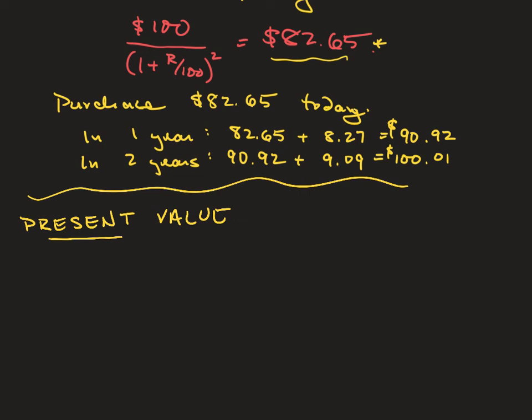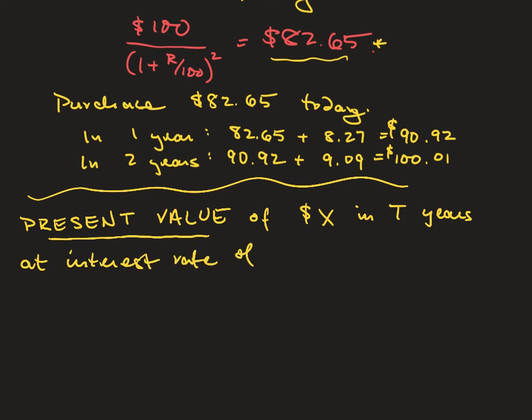The present value of X dollars in T years at an interest rate of R percent is X dollars divided by 1 plus R over 100 to the power of T.